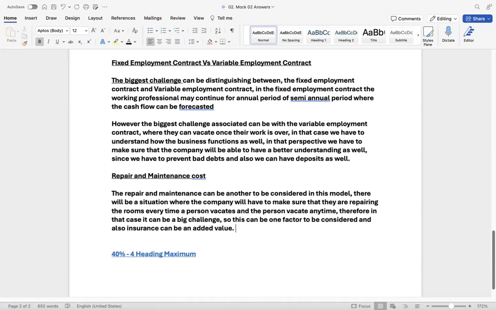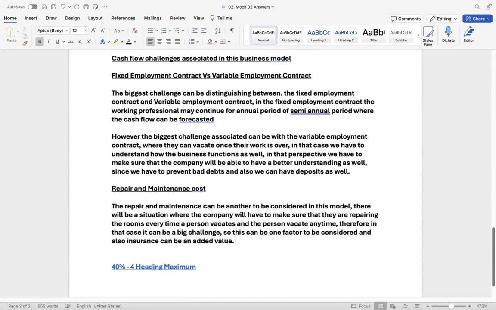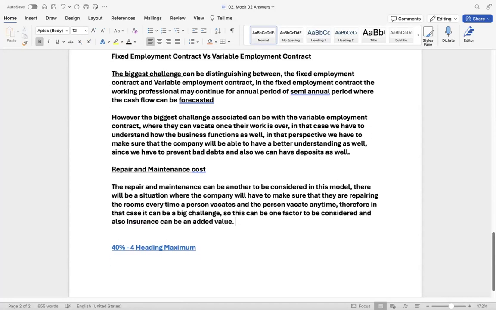So I believe this is very clear for you all in this aspect of repair and maintenance, fixed employment versus the variable employment challenges, repair and maintenance cost. And the other one is unemployment challenges. Students, can unemployment be another challenge for this business? Frankly, yes.